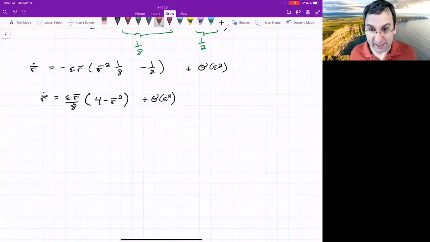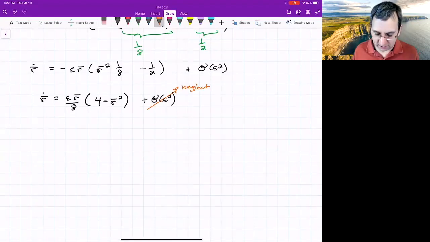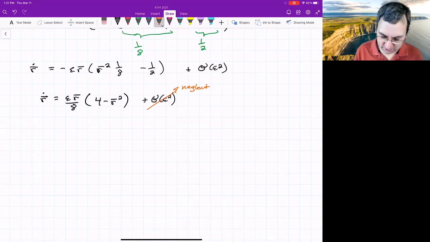For purposes of analyzing this, we're just going to neglect this part. And notice this is an ODE for how r bar changes in time, so how the slowly varying amplitude changes in time. It changes very slowly because there's an epsilon in front.